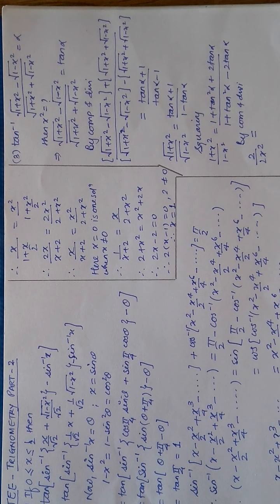And this will become 1 plus tan square alpha plus 2 tan alpha plus 1 plus tan square alpha minus 2 tan alpha, that is 2 plus 2 tan square alpha, and down it will be 1 plus tan square alpha plus 2 tan alpha minus 1 minus tan square alpha plus 2 tan alpha, that is 4 tan alpha.